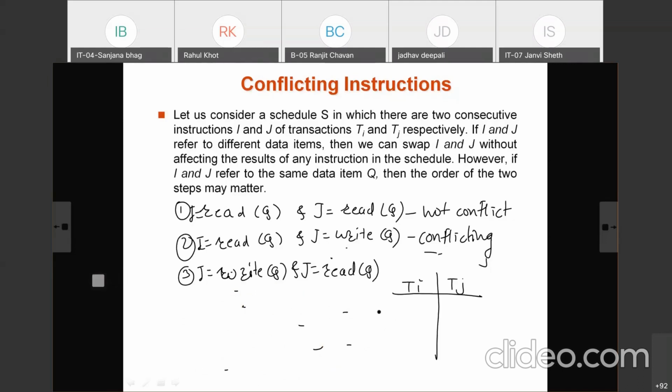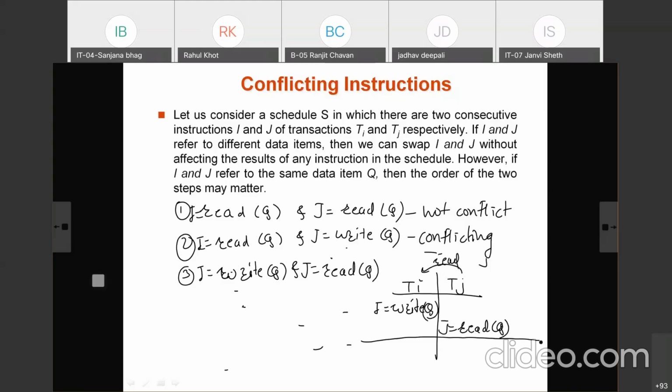Now first I is executed, which is write Q, and then J is executed, which is read Q. When I execute in this sequence, Tj reads the value of Q which is written by transaction Ti.